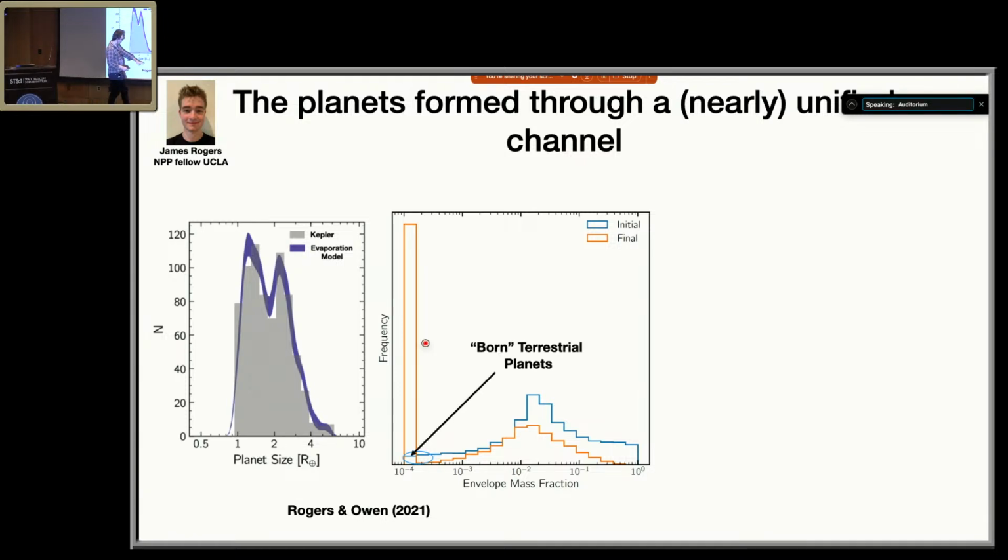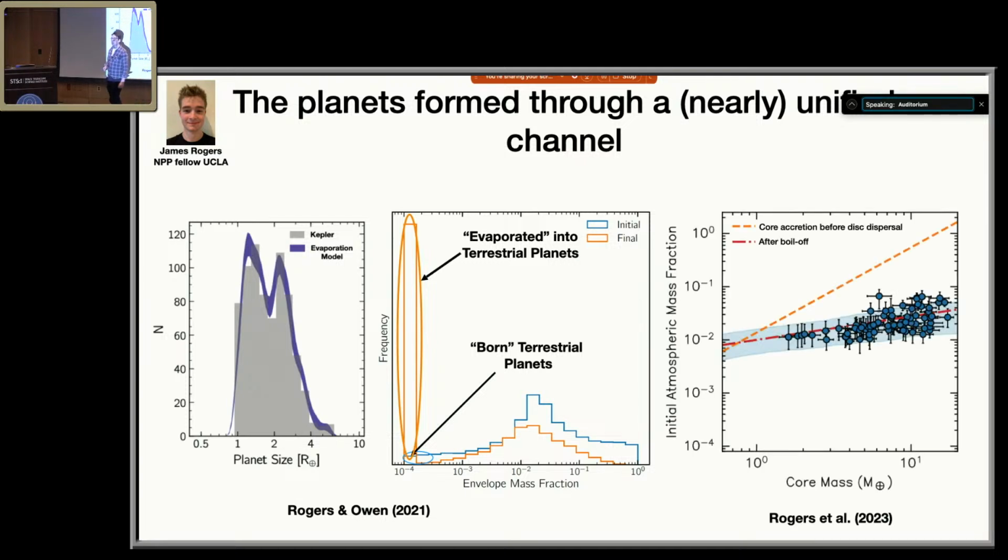So we have a small fraction of what I think of as born terrestrial planets, or sort of solar system terrestrial analogs, but most of the terrestrial exoplanets we've discovered were actually evaporated into terrestrial planets. They've lost their atmospheres they accreted. You'll see that this peaks at a few percent rather than 10%, which is where core accretion would put you.